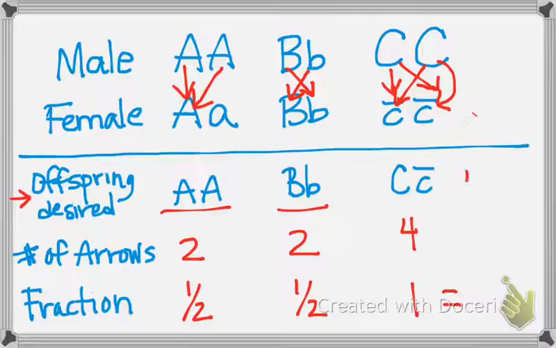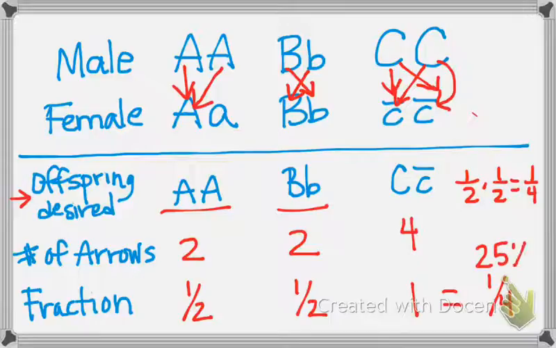Yeah, 1/2 times 1/2 equals 1/4, and you just multiply it by 1, but it's still going to be 1/4. So there is a 1/4 chance, or a 25% chance, that if those two parents had children, you would be able to get big A, big B, little b, big C, little c. Lots easier than doing a 64 square trihybrid cross.